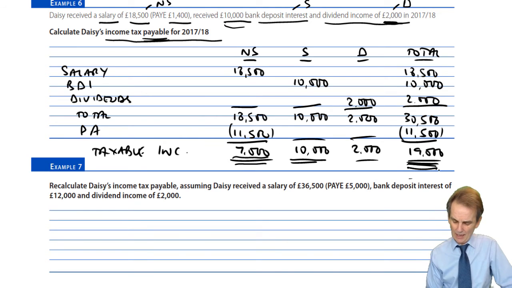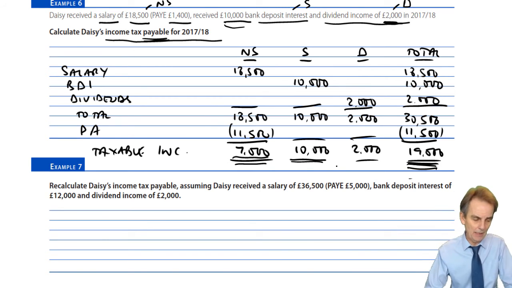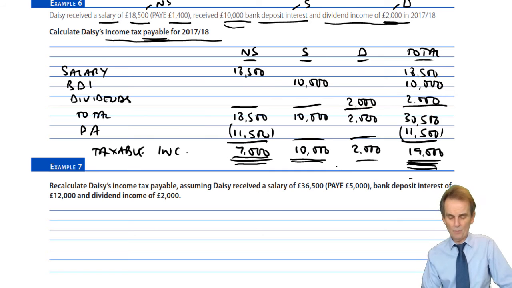We are a basic rate taxpayer, however, therefore the savings income nil rate band will be £1,000. So the taxability of the 10,000 then follows. Of that 10,000, 1,000 savings income nil rate band, so at 0%. The remaining 9,000 of that £10,000 will of course fall into, as all of this income falls into, the basic rate band. And within the basic rate band, of course, it will be taxed at 20%.